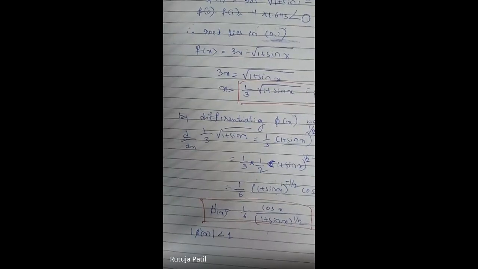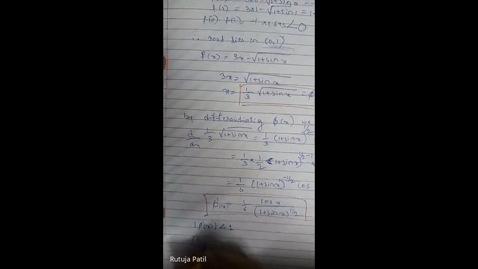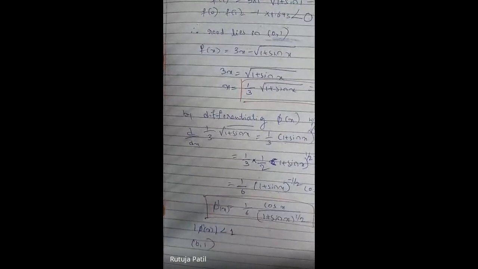Now the next thing is to consider x naught. How do we consider x naught? We have to take any one value from the interval that is 0 comma 1.